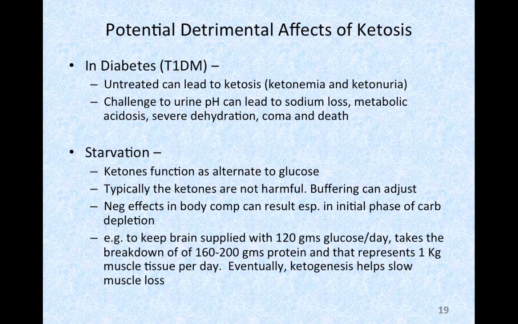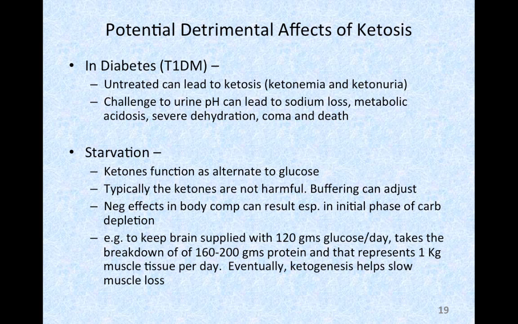Now here's the problem: those ketones are acids and they can challenge the blood pH and also the urinary pH. If there are those ketones in the blood, that can lead to sodium loss because the urine pH is going down. It increases excretion of sodium. And because of that, we can have metabolic acidosis that starts to occur.